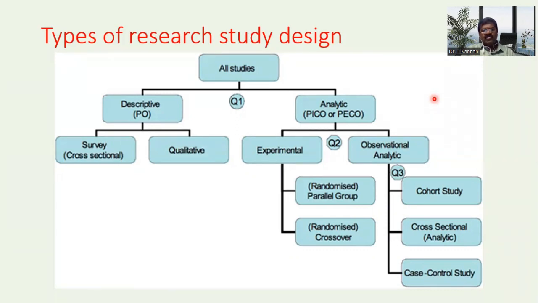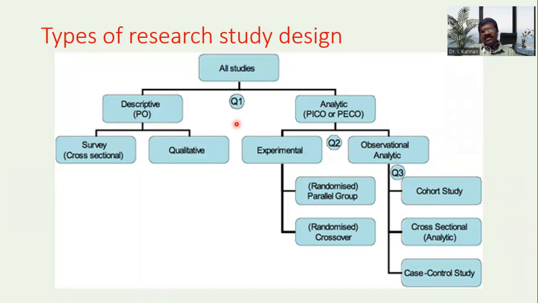Analytical studies definitely will have some hypothesis. If you don't have a hypothesis, there is only a chance of doing some survey or some qualitative research. You are not going to interpret anything out of the data. You are simply going to present the data in a qualitative manner. Mostly the cross-sectional surveys and questionnaire-based surveys are good examples of descriptive studies.